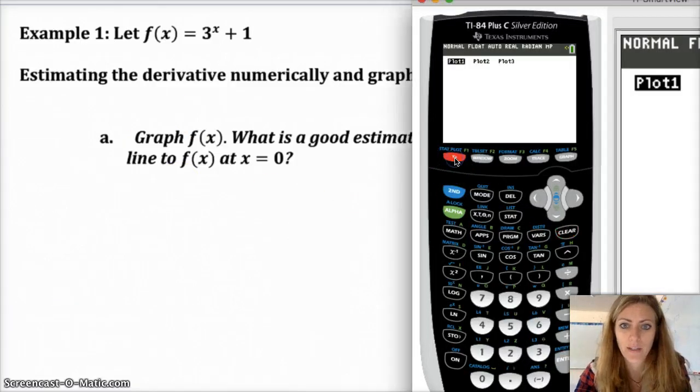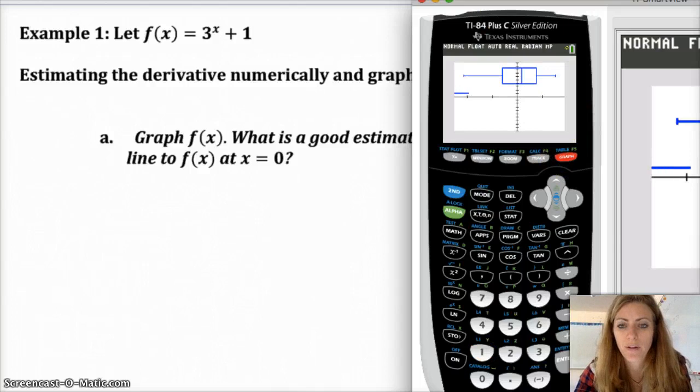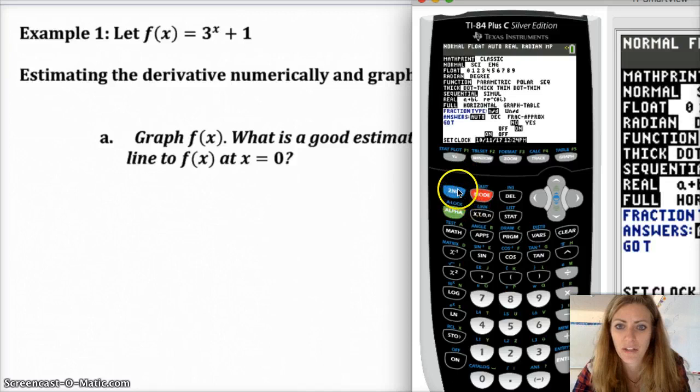I go into y equals, clear out whatever function I had in there before, and enter 3 to the x plus 1. Then I want to graph that, but it looks like I have other stuff in there, so I need to clear that out. Second quit. Annoying calculator.